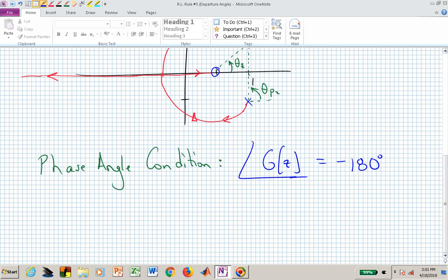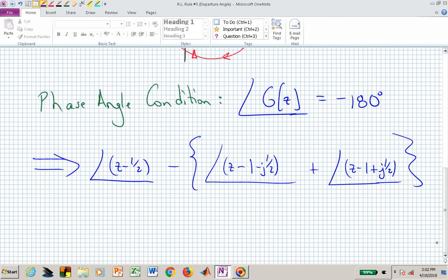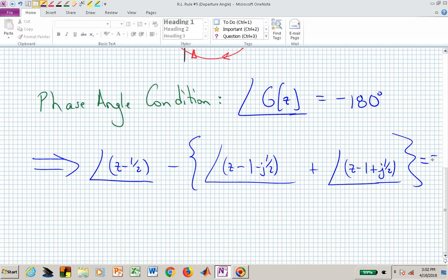The angle of G is now going to be the angle of that zero factor minus the angles due to the poles. In this case, we have the pole in the upper half of the complex plane, and we have the pole in the lower complex plane, and we're interested in their angles, or in this case, those now need to sum to minus 180 degrees.